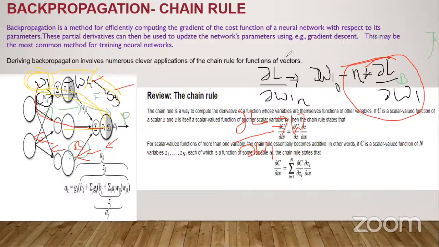Whenever I have to write DL by DW1, I can write it in this way: DL by DW4, again divided by W4 multiplied by W4, and then again W1. So if I cancel this term, I will again come back to the same formula where I started.